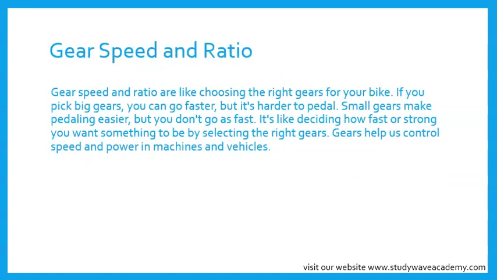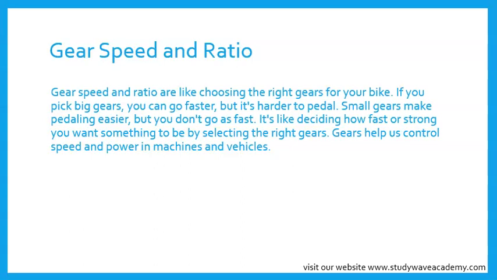Gear speed and ratio. Gear speed and ratio are principles related to gears and how they affect the speed and power of a machine. Okay? Do we understand? Gear speed and ratio are like choosing the right gears for your bike. If you pick big gears, you can go faster, but it's harder to pedal.